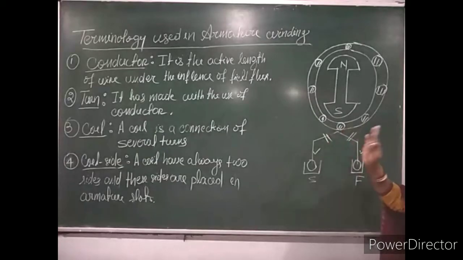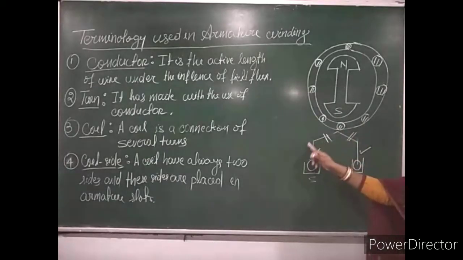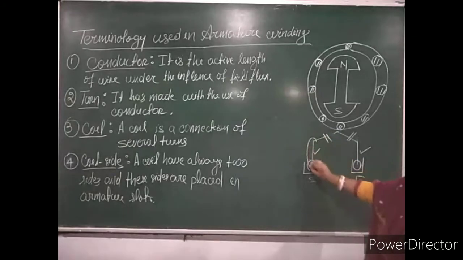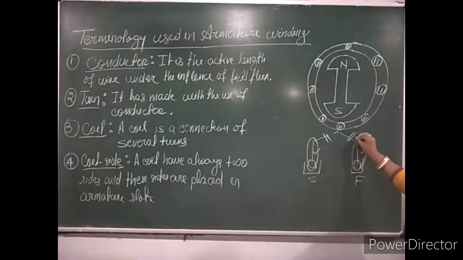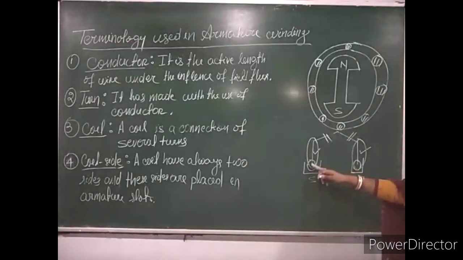These are waste wire, meaning extra wire to connect these two conductors. Here no EMF is induced. Actually the useful portion is this one. So this complete set is called a turn. To make one turn, two conductors are required.